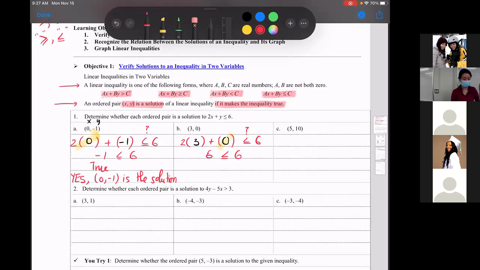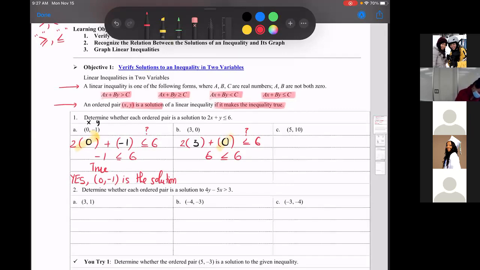Because of that "or equal to," it's true. Now, hypothetically, if I said 6 less than 6, then it would be false, right? But here we have 6 less than or equal to 6. So yes, on your part, you're supposed to say (3, 0) is a solution. I just don't have enough space, so I don't write it.